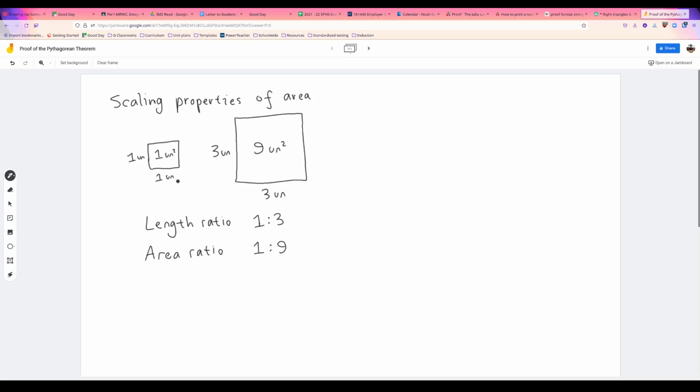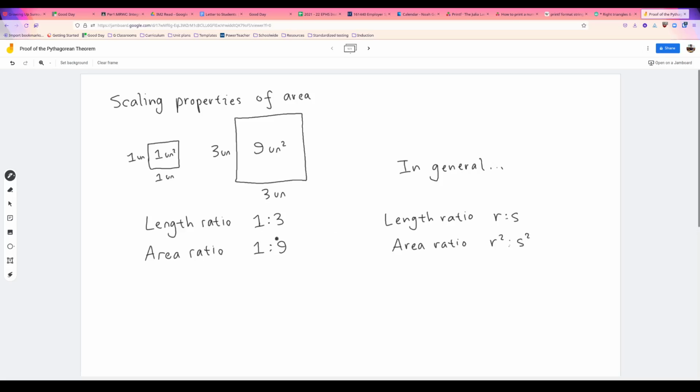So, in general, if the length ratio of two similar shapes is R to S, then the area ratio is going to be R squared to S squared.